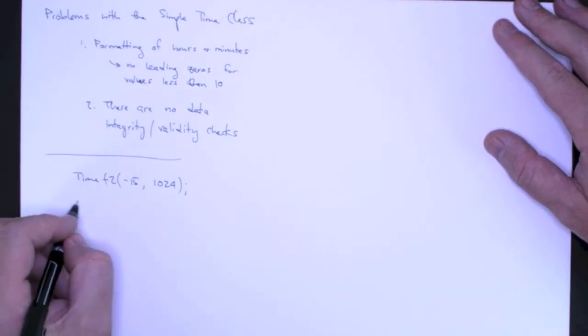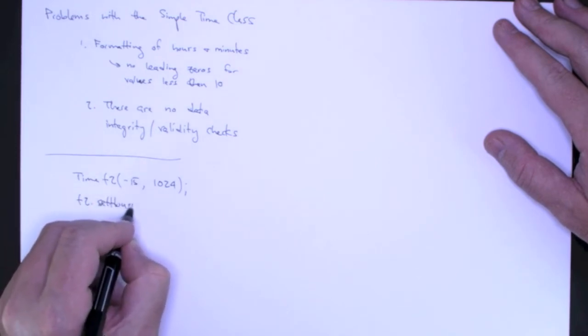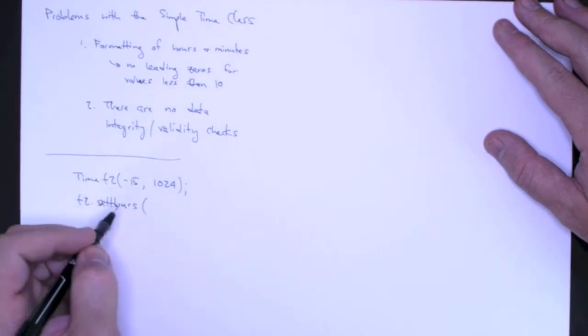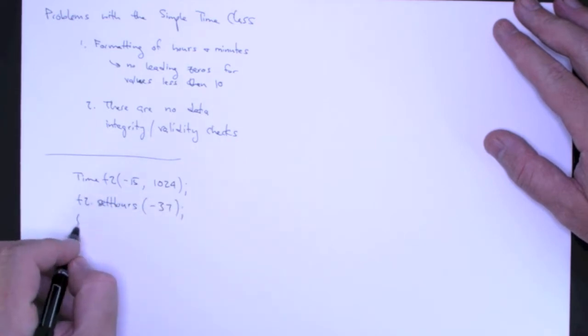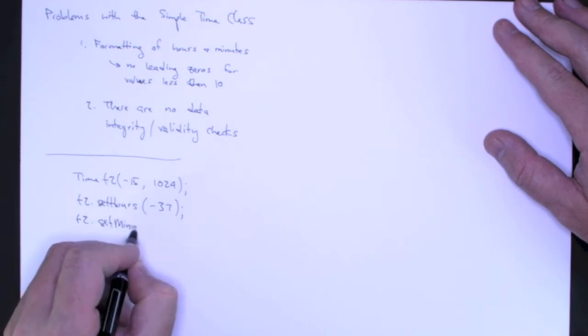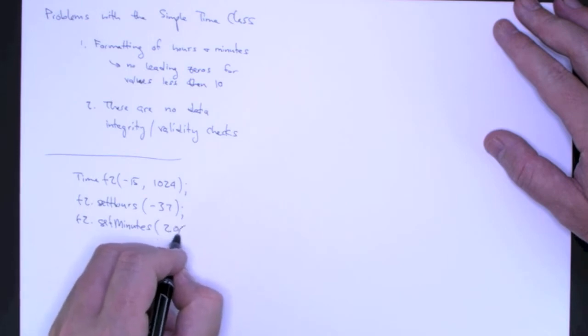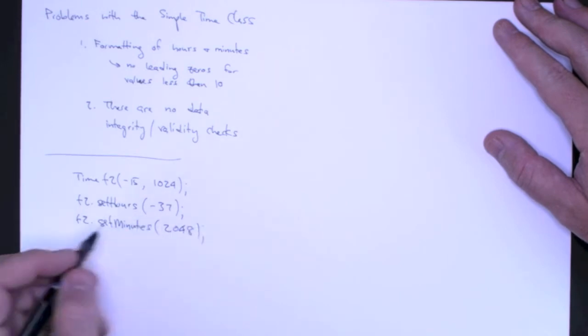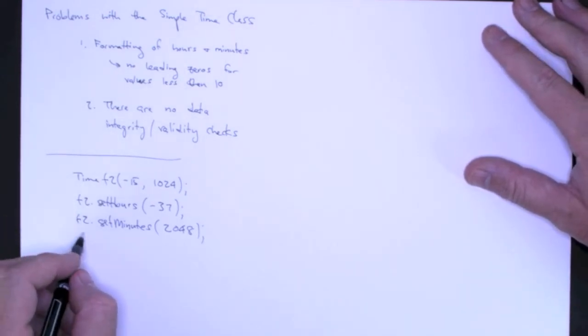I can also do the same thing through my set methods. I can pass in negative 37, I can pass in other values. Both of these are out of range, and so now I have an invalid time object.